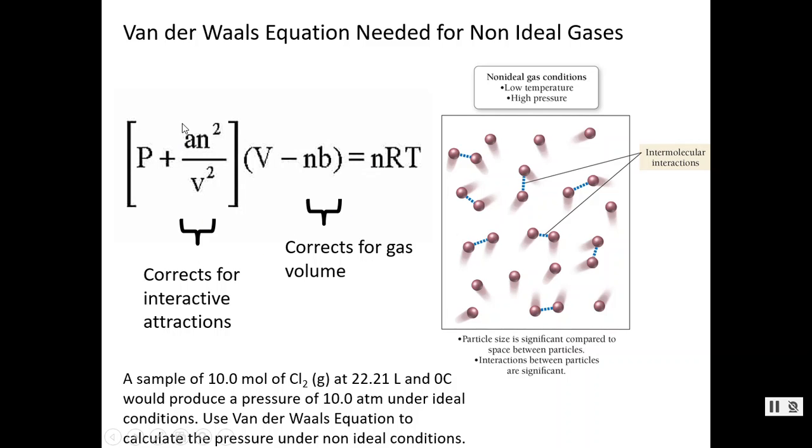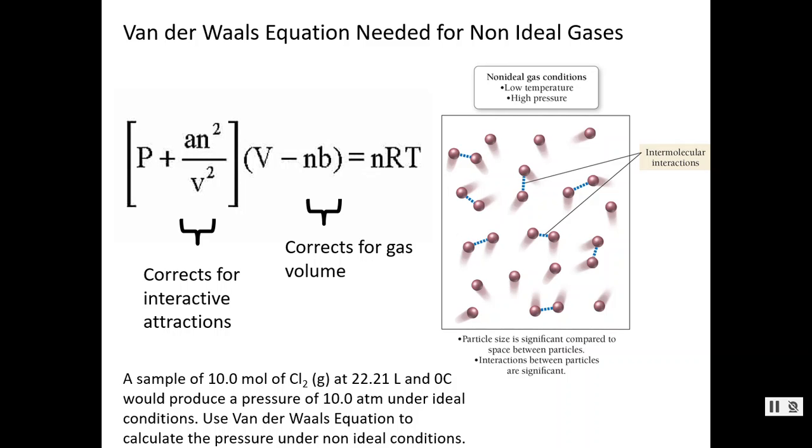One correction factor corrects for intermolecular attractions, and one corrects for gas volume, using constants a and b that are specific to the gas molecule being studied. This van der Waals equation is not one that you need to memorize. I will give it to you on the exam. But you should be able to manipulate it to solve for a particular variable.